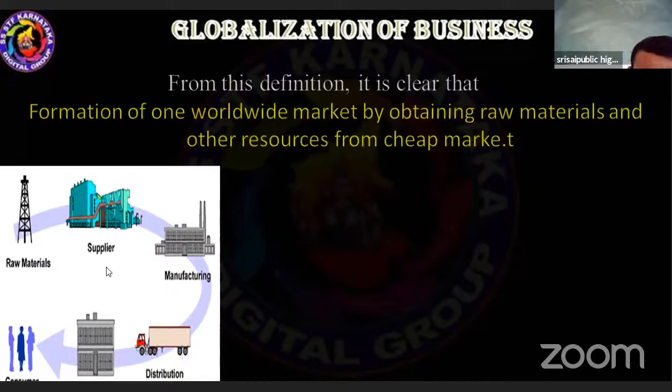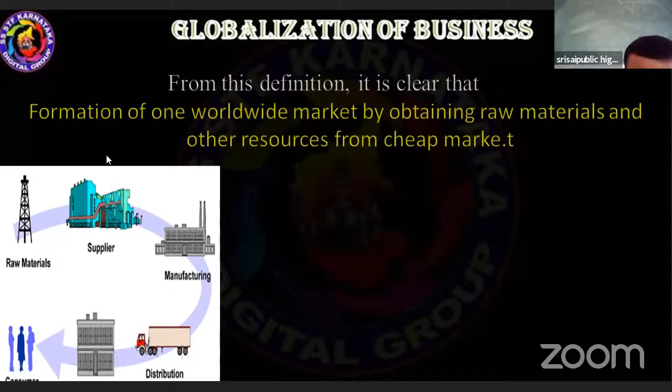There they manufactured goods, and later sent all those goods to their colonies like India, Sri Lanka and other countries, and tried to sell them at a heavy cost. This is possible, or this is happening, through globalization.